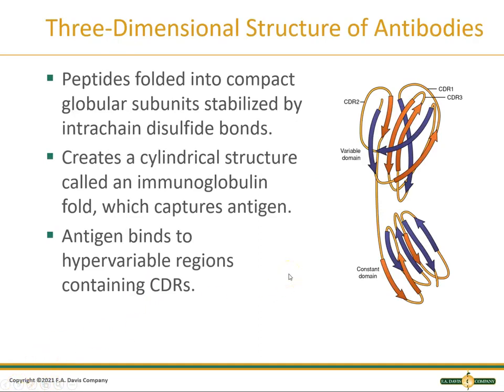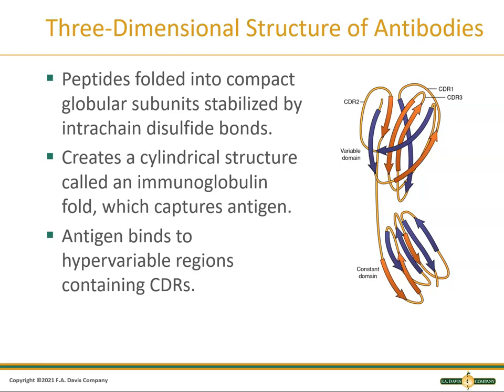So, looking at an actual antibody, what are the different structures of antibodies? You can see here, they're globular, rolled upon themselves, and stabilized by a lot of disulfide bonds. They create more of a cylindrical structure called an immunoglobulin. So it can fold. If you look at the front of your textbook, you can see an actual picture of an antibody there, that little orange or purple looking thing.